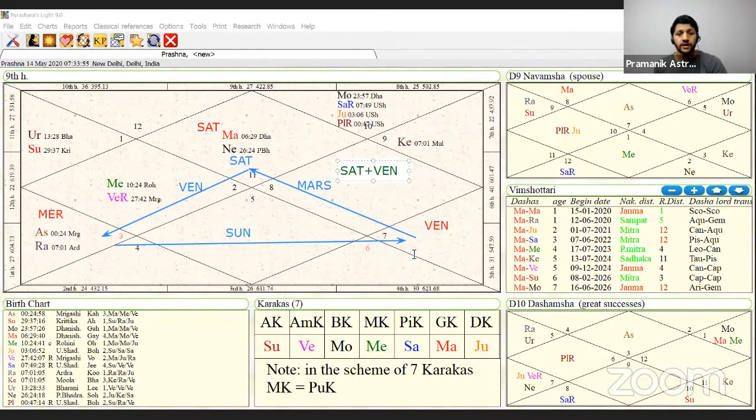So 9th lord conjunct the ascendant. But guess what? Saturn is also ruling the 12th house. So two Kendra houses are involved and one trinal house is also involved.